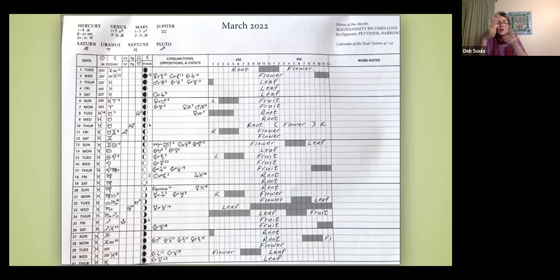Gemini, Cancer, all of those 12 zodiac constellations all have a relationship with earth, air, fire, and water. And this calendar comes out of the work of a woman, Maria Thun, for 50 years in Europe.